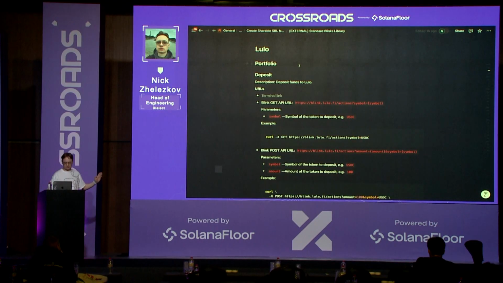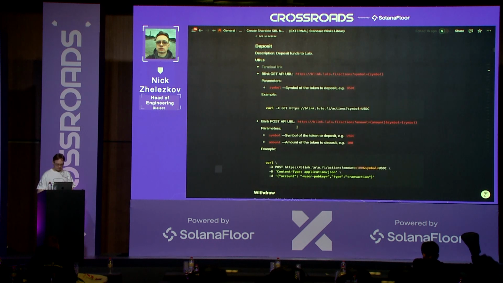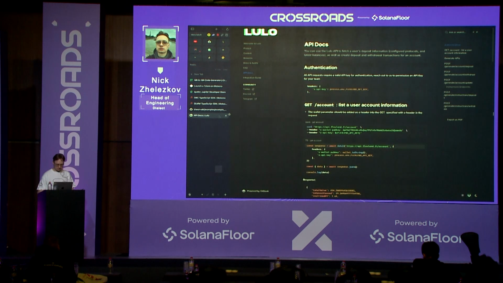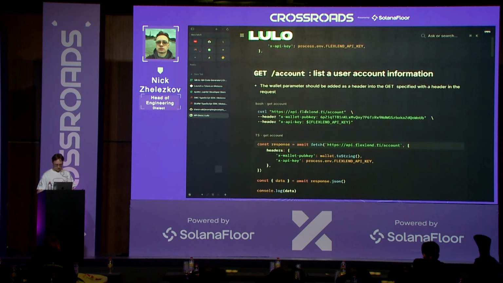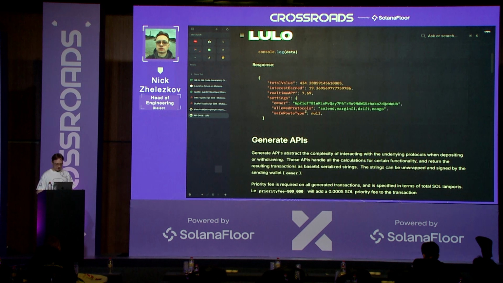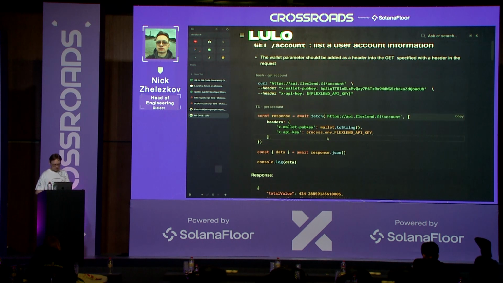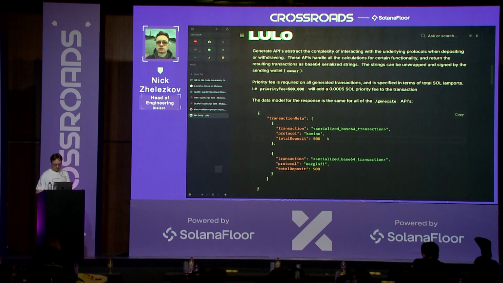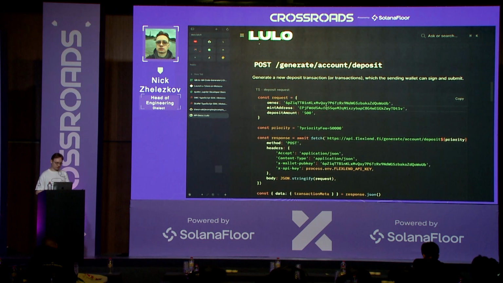And for example, I want to do a side-by-side comparison. This is, for example, Lulo, a deposit protocol. And if we go to the Lulo website, Lulo has a nice API. So maybe you won't feel the whole experience with Lulo, but still, their API accepts a mint address and deposit amount, pretty straightforward.